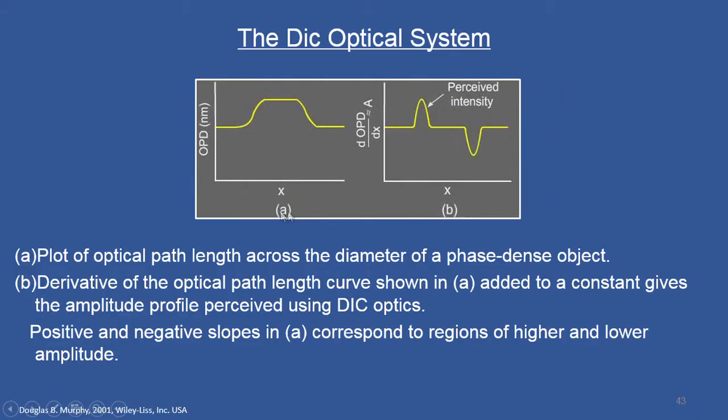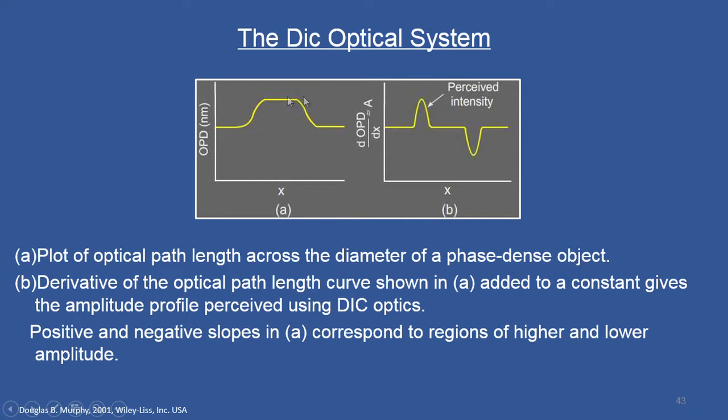Please pay attention to this schematic. This is optical path difference in nanometers. This is the distance, and you see the profile like this, that is a plot of optical path length across a diameter of a phase dense object.